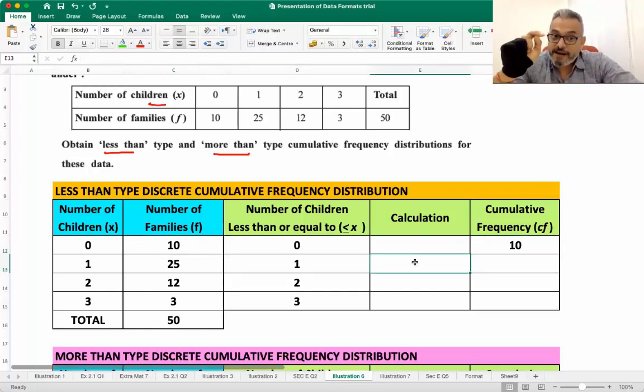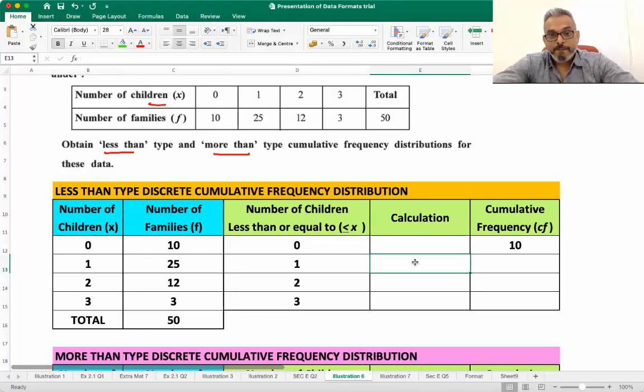Now less than type cumulative frequency distribution is very important when you will do median, quartile, decile, percentile in the next chapter. For every sum what we do, we have to find out less than type cumulative frequency distribution.